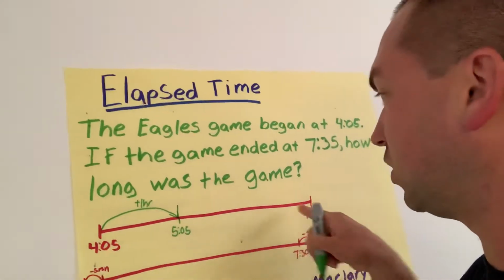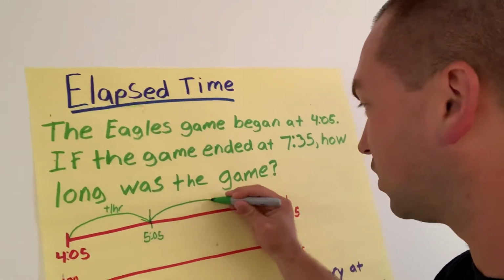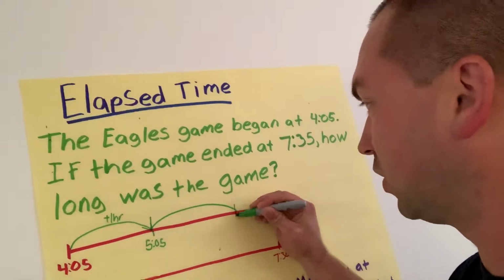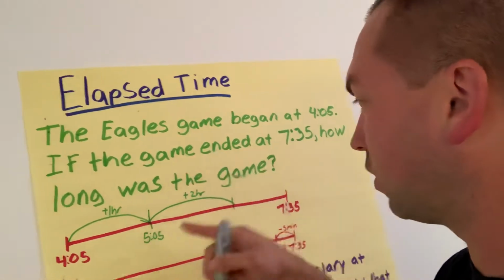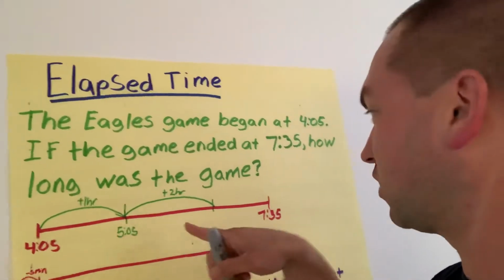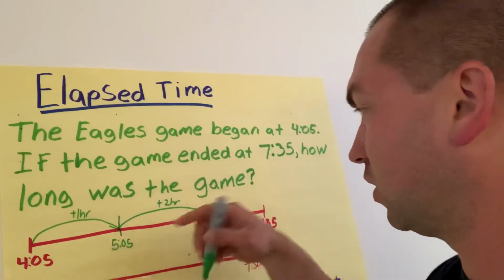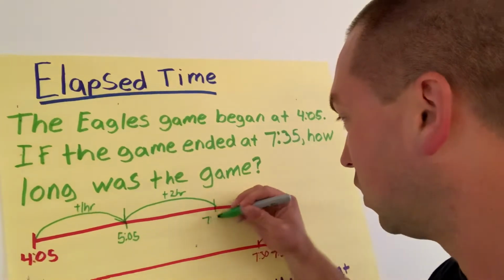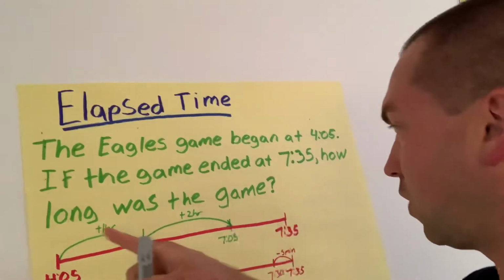I'm still pretty short here, so I'm going to skip ahead another 2 hours, because 5 plus 2 gets me to 7, 7:05. So far I've gone up 3 hours.